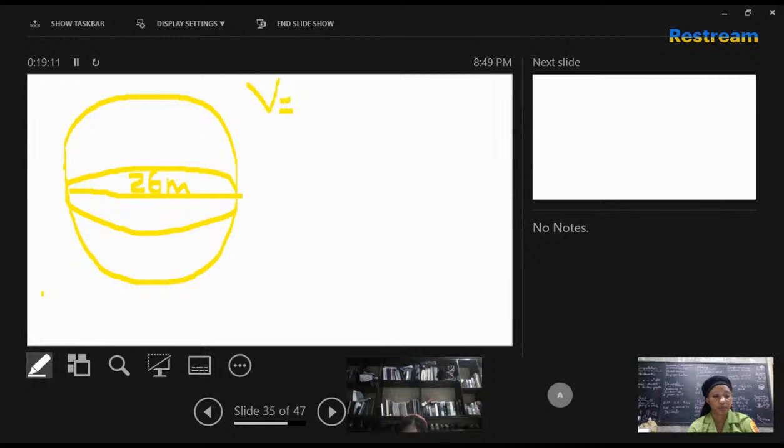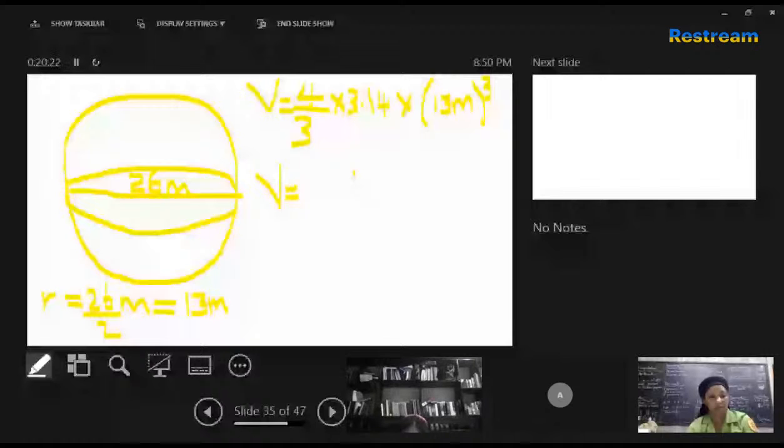So it would be 4/3 times 3.14 times 13 cubed.